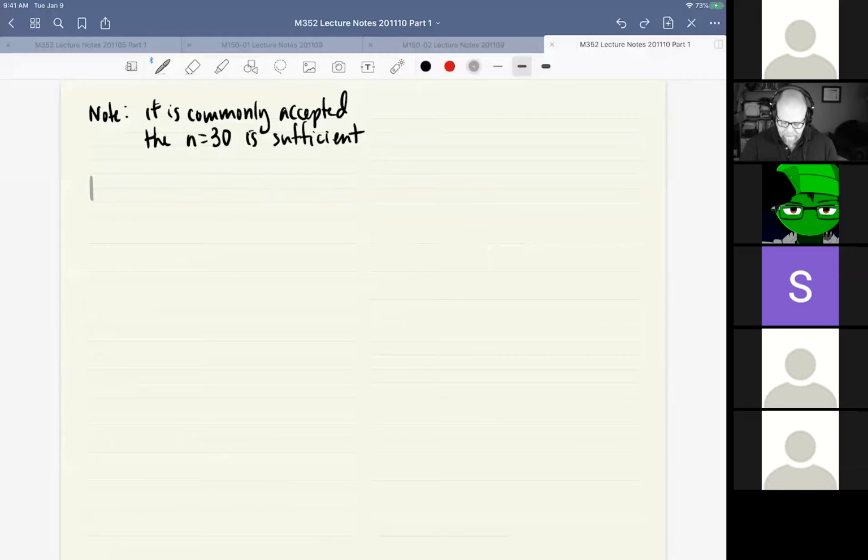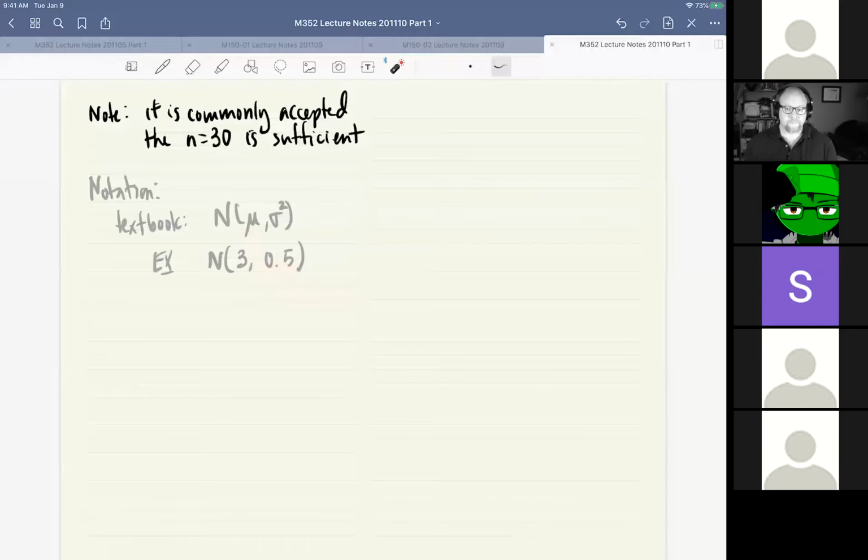So the textbook, when it uses the notation for the normal distribution, has two parameters: the mean and the variance. This is how the textbook lists these things. So when you see the textbook write N(3, 0.5), you've got to look at this number and remember it's the variance.